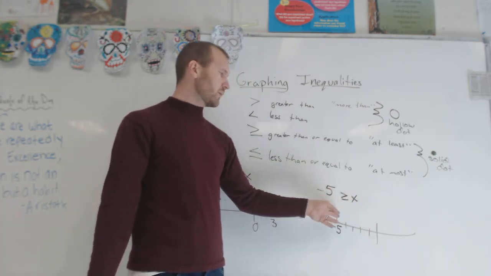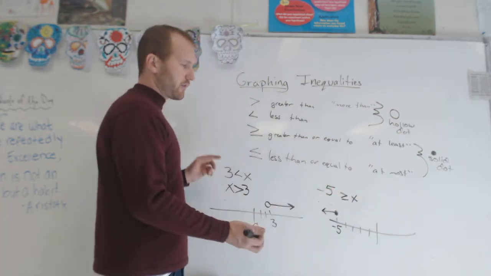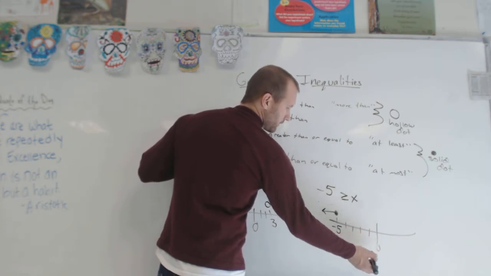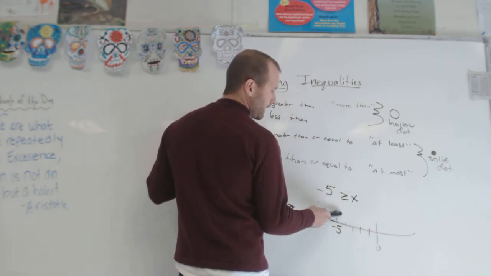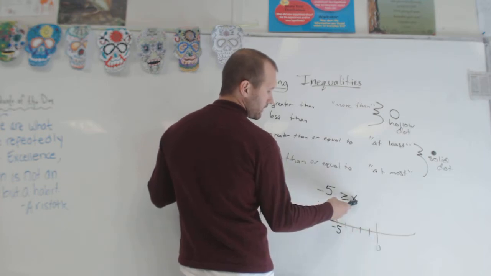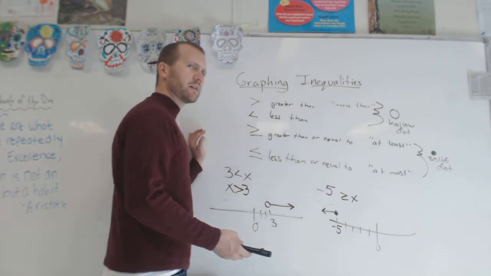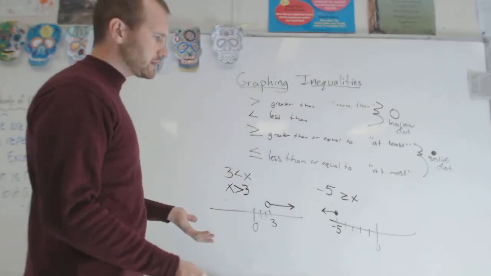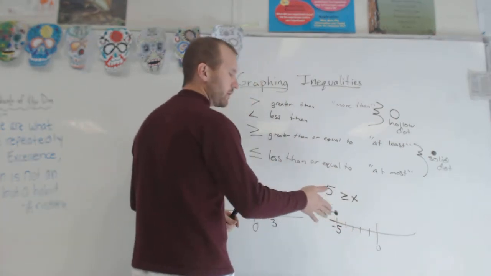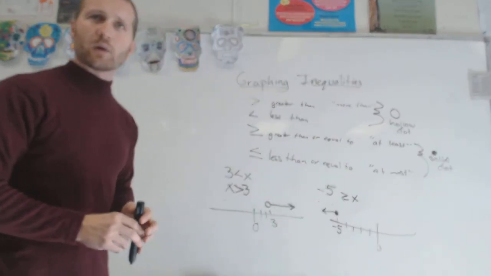That's not true, so we know we don't want to go this way. So you can kind of figure it out by looking at your values here. This would be 0. If I went this way, is 0 going to work in this? Is negative 5 greater than 0? No. It's less than. So I know that if I made my arrow go this way, that's wrong, because these values don't work in this inequality.